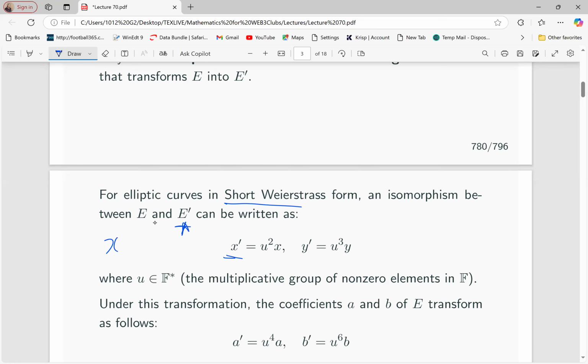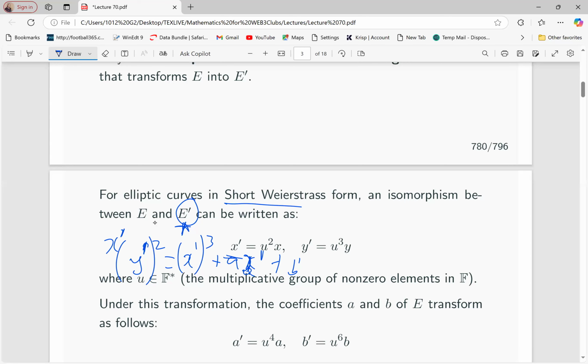So x prime, which is here, you know that it will be written like this. What we have is y prime squared should be the same as x prime cubed plus a x prime plus b prime.